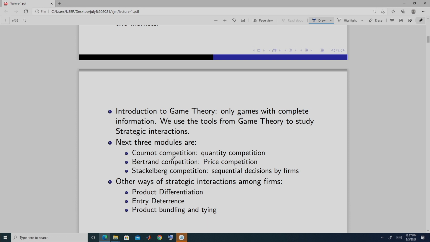Second, in this part is entry deterrence that we are going to study. Entry deterrence is when there already exists a firm and a new firm wants to enter this market. Now, whether the existing firm will allow this to happen. So they may react in such a way that there may not be any incentive for this new firm to enter this market.